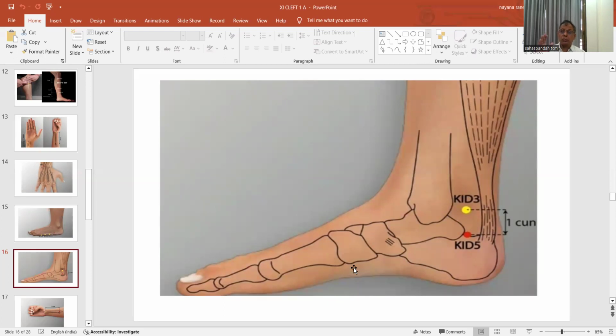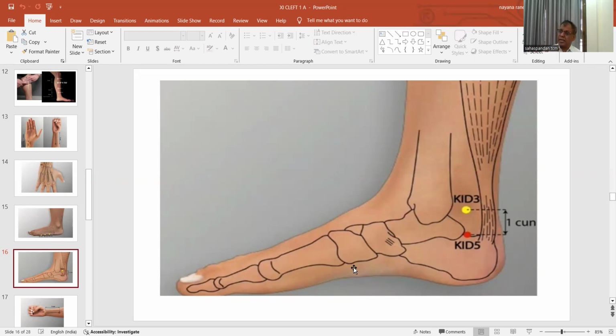So kidney 6 is indicated for a variety of menstrual disorders such as amenorrhea, meaning no menstruation, or irregular menstruation, dysmenorrhea, and delayed menstruation, characterized either by deficiency of blood or stasis of blood.